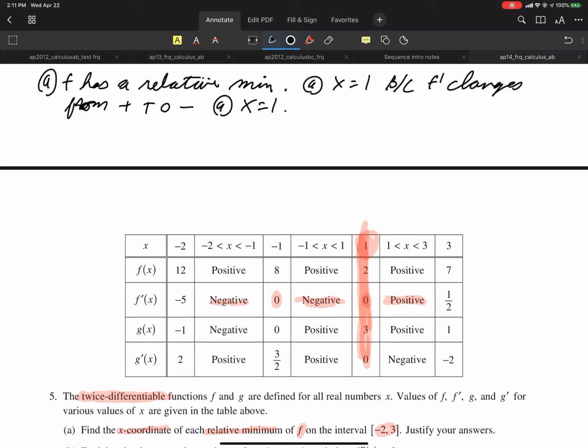Okay, so that's it for part A. That was actually pretty easy.